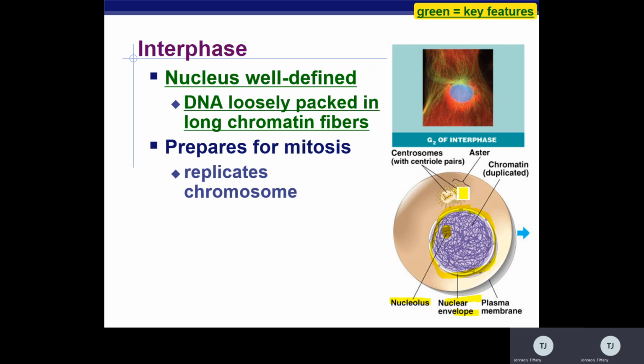And you'll also start to see the centrioles. They're called centrosome when they're in pairs, but you'll see the centrioles only in animal cells. And that's what it looks like in interphase. You'll also notice that the chromosomes are kind of stringy looking. You can see them, but they look very dark. And that's interphase.